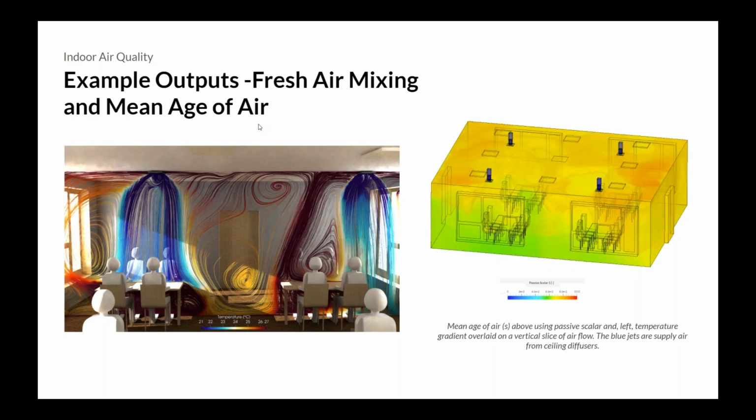So what we can see here, for example, on the left side is the visualization of velocity streamlines colored by the temperature within a room. And on the right side, we see an example of how we can assess, for example, the distribution of a passive scalar. It could be, for example, a CO2 concentration within the room.